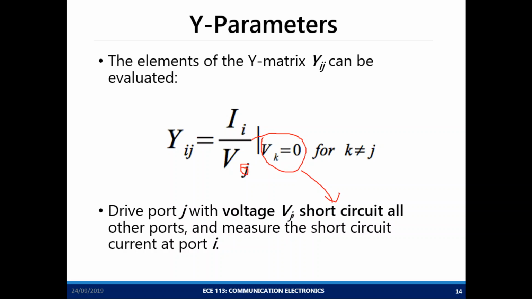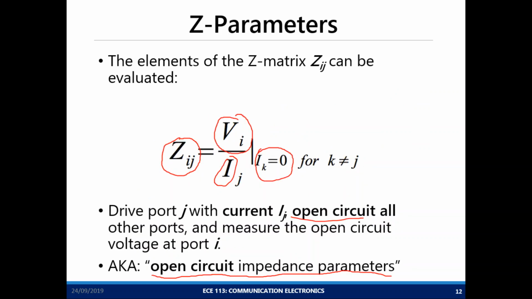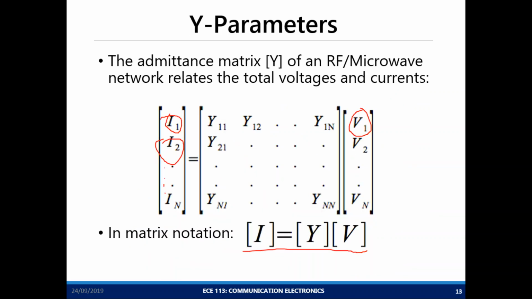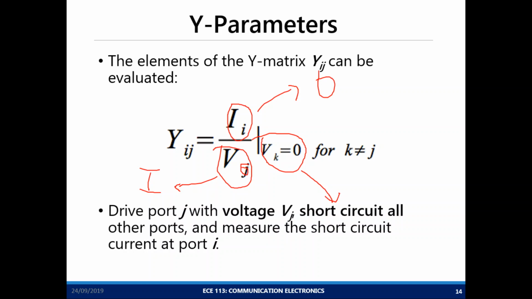If you put a short circuit at each port and then drive the voltage at port J with voltage V, currents can be measured at the different ports of the circuit, and you can solve for Y_ij by dividing the output current by the input voltage. So this is the short circuit admittance parameters of your N-port network.